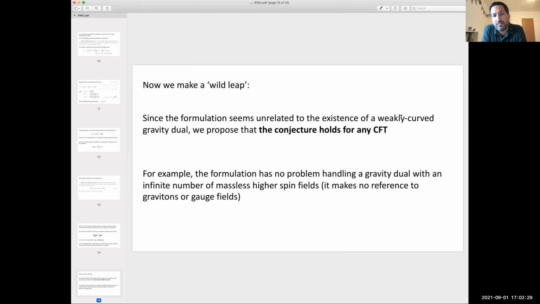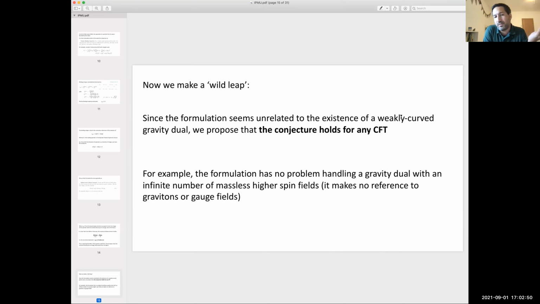And one clue towards that is that we're able to formulate it in a way which seems to have no problem handling would-be gravity duals of theories that are not weakly curved on the gravity side. For example, some weakly coupled CFTs are expected to have gravity duals with an infinite number of massless high spin fields.